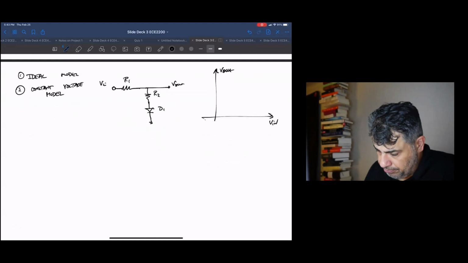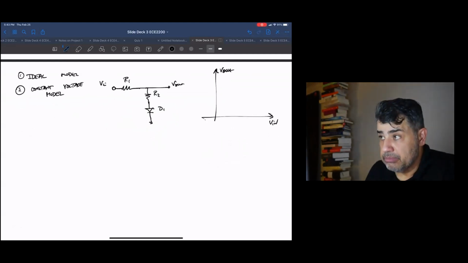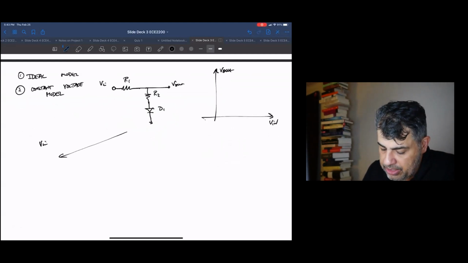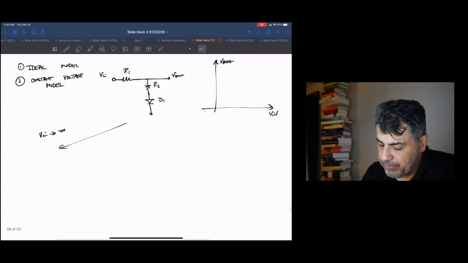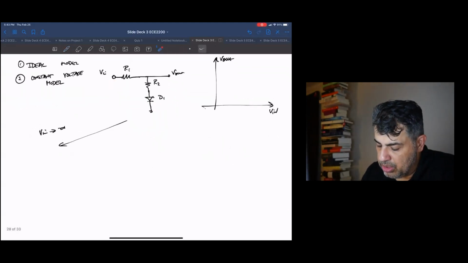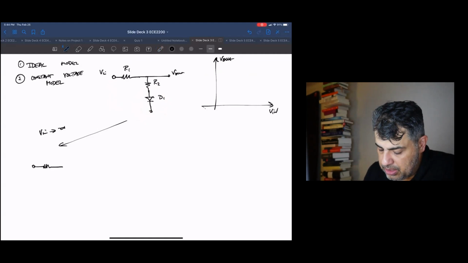So I'm going to do what we did a bunch of times last time around. First, assume Vin is very negative. If Vin is very low, this point is very low compared to ground, which means that the diode is off. So basically I end up with this circuit.